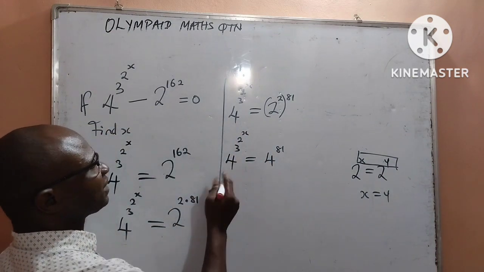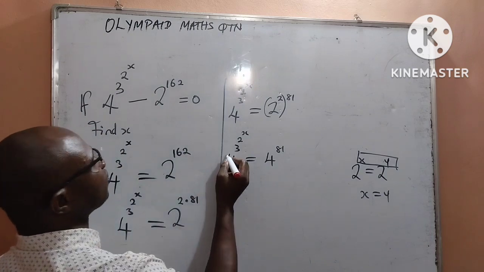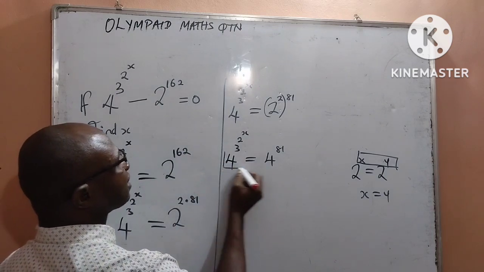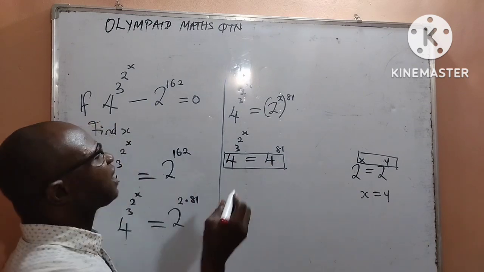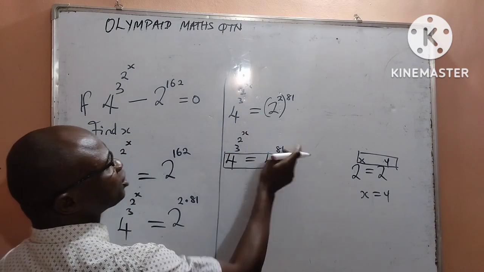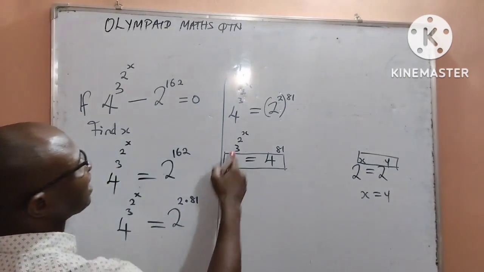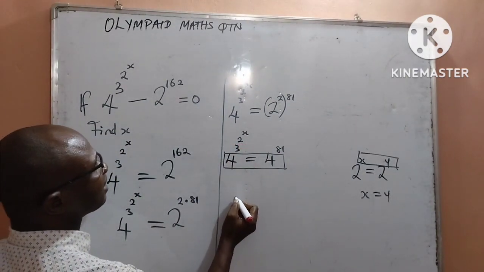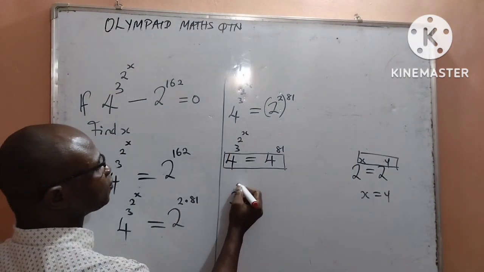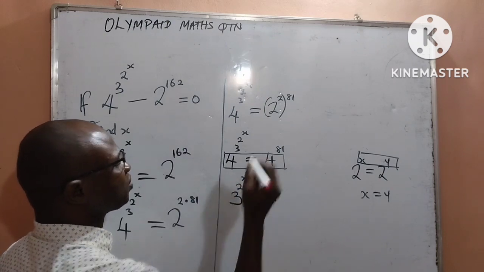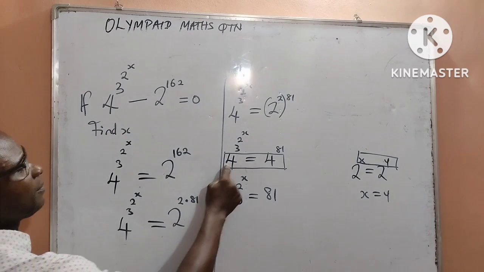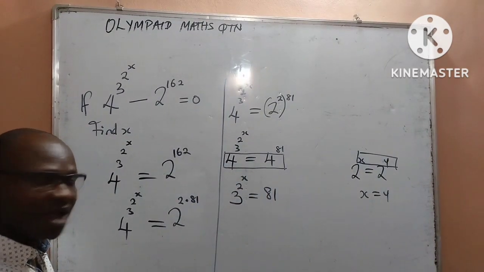So I can now say, watch very well, that the bases here are equal, therefore the powers should also be equal. I can now write that 3 to the power of 2 to the power of x should be equal to 81, since the bases are equal.